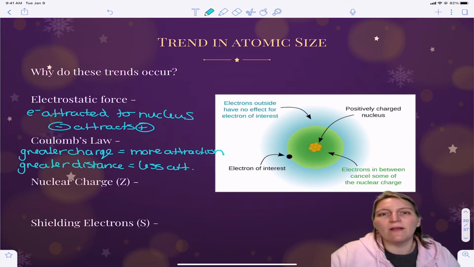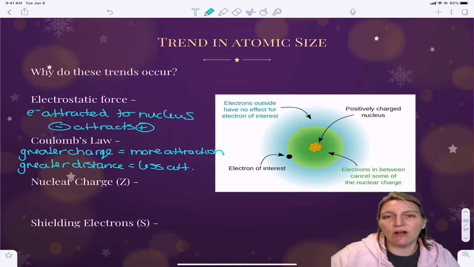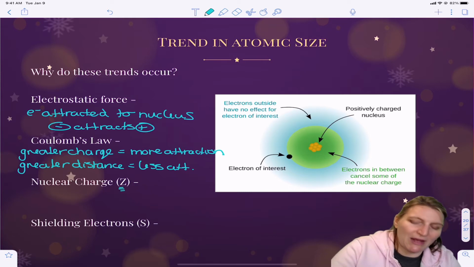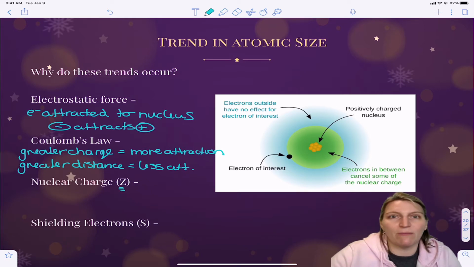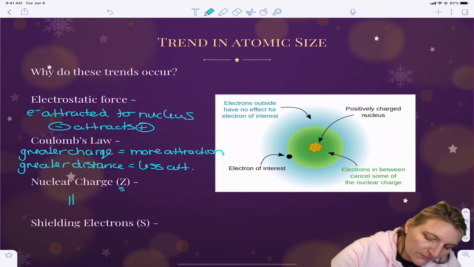So now let's look at, well, what are those things that would be attracted to each other? Well, of course, the electrons would be attracted to the nucleus. The more protons that are in the nucleus, the more attracted those electrons will be. So nuclear charge, which is symbolized by a capital letter Z, is just the number of protons in the nucleus.